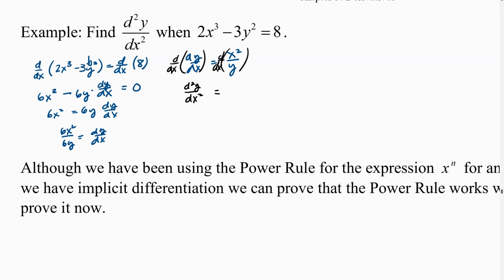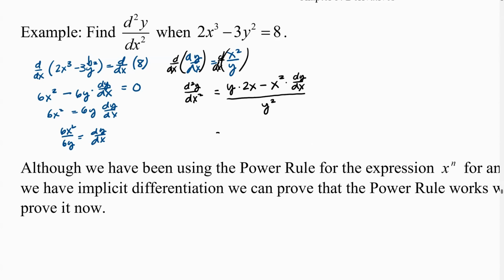On the other side, it looks like I've got a quotient rule. So I better have my quotient rule mantra ready to go. Bottom times the derivative of the top minus the top times the derivative of the bottom. And then this is all over the bottom squared.